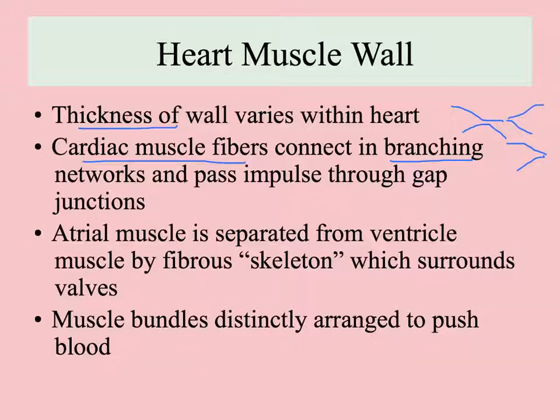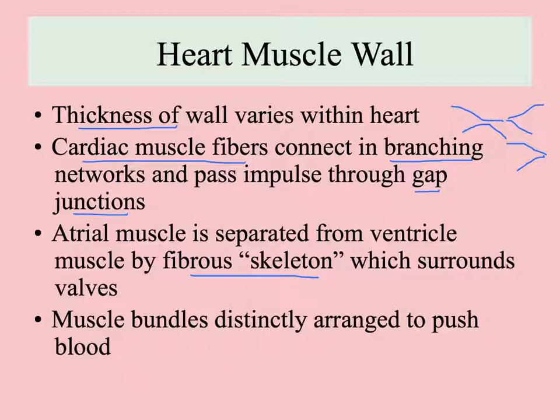And the branches, intercalated discs, have gap junctions, which are really just a space for one cell to talk to another cell. The atrial muscle is separated from the ventricle muscle by what's known as a fibrous skeleton, which basically surrounds the valves and kind of divides the heart in half.